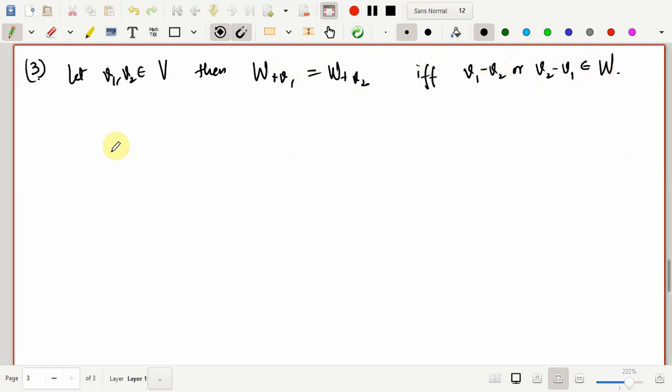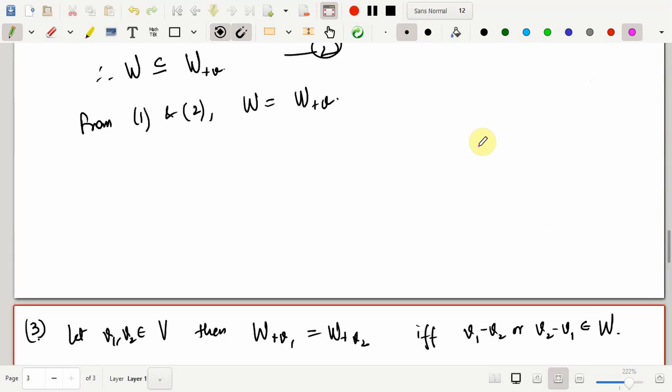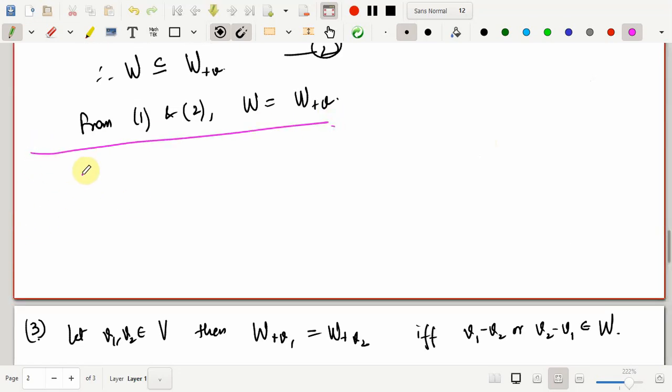Before I proceed with the proof of this, there is one important observation which I want to mention. Note one thing: if W plus X is the same as W plus Y, can I add one more vector here?